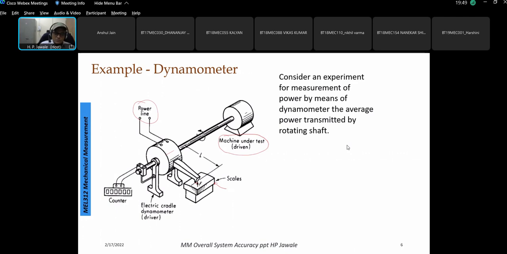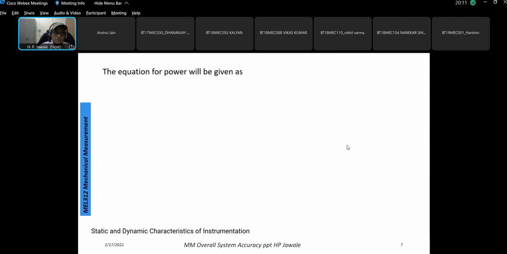Now as the speed goes on increasing, it is going to apply more and more resistance to the motion, and this resistance to the motion will convert into the force, and then the change in the force can be found out, so that the equation that can be used for making the power calculation will be given as, say, simply 2πNT/60 in terms of the normal notation in SI units.